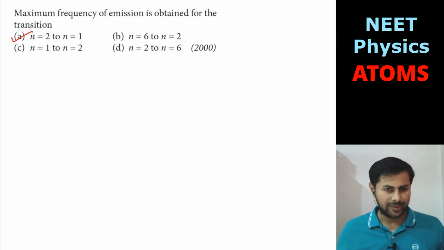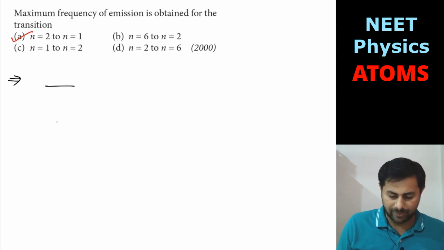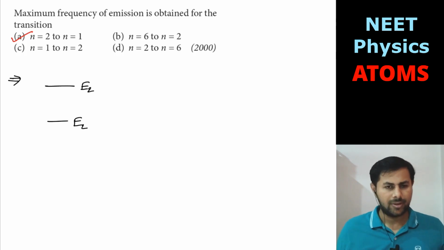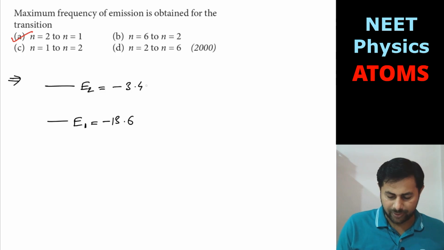See, why is it so? The reason is, what would be the energy difference between the second and first orbit? E1 is minus 13.6 and E2 is minus 3.4 electron volt.